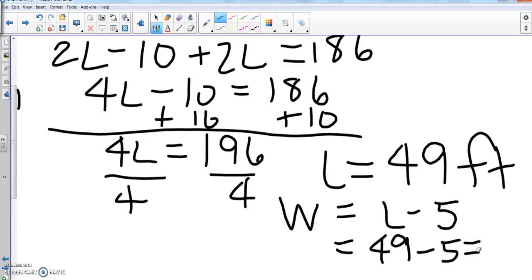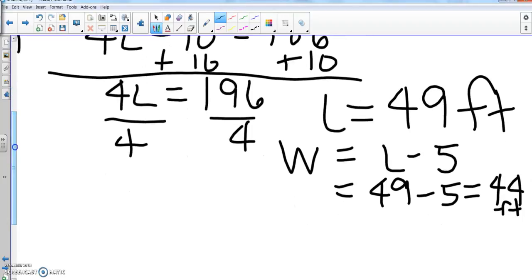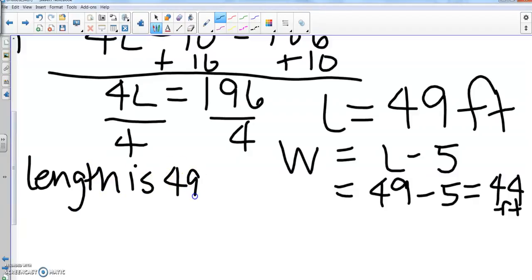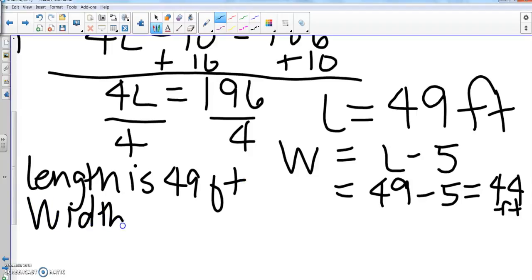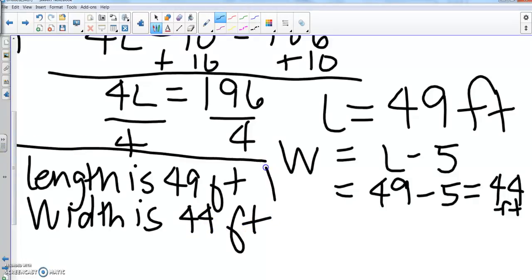So my width is 44 feet. All right, so to answer my question nice and neatly so I don't mess this up, length is 49 feet. Width is 44 feet. That is the answer to the second one.